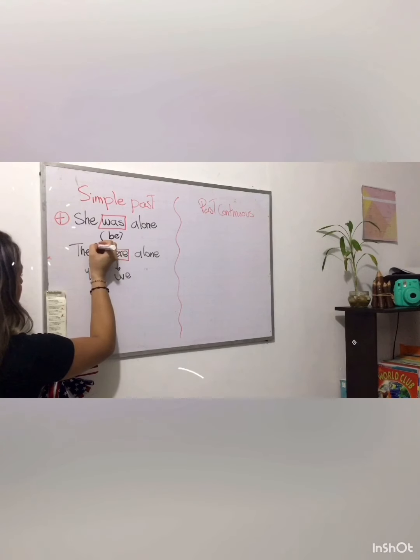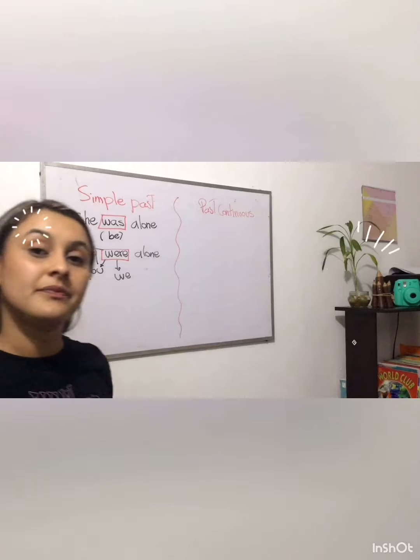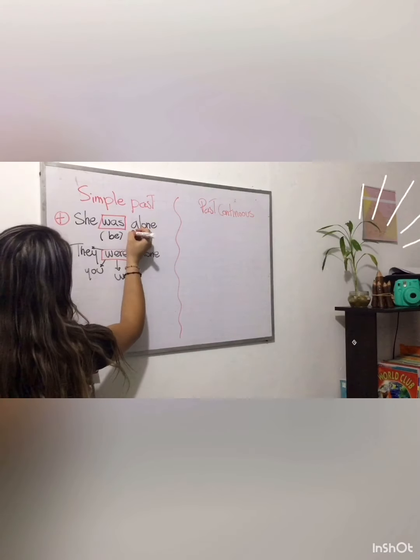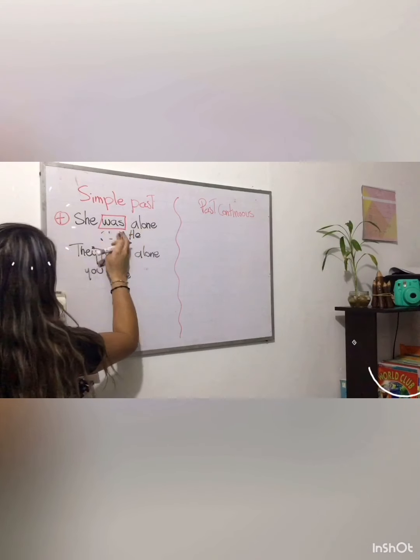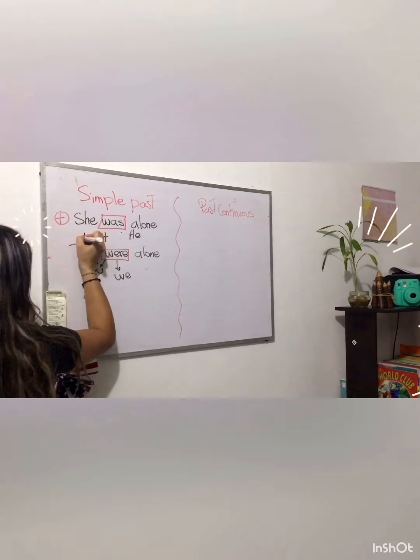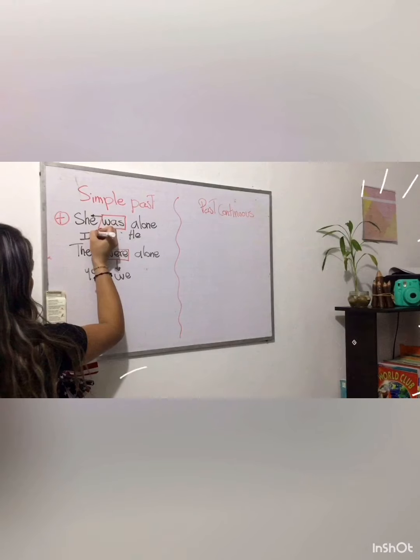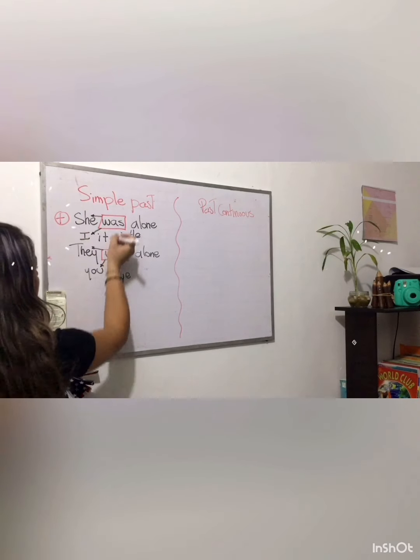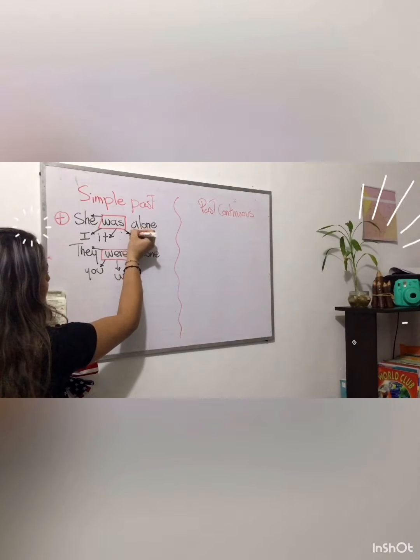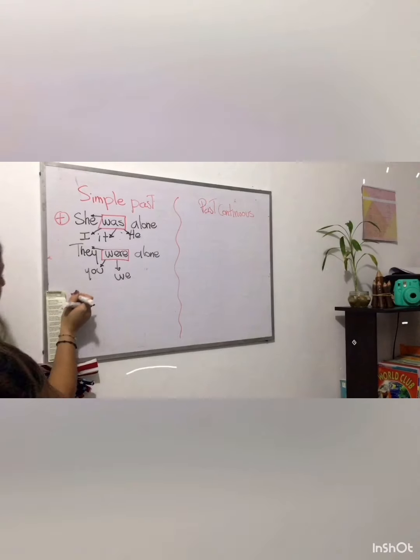They were, you were, and we were. Okay? And then we use was for she, he, it, and I. Okay? So we use she was, I was, it was, he was. Okay? Right, guys?